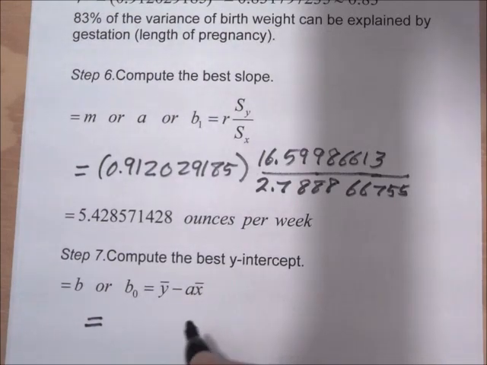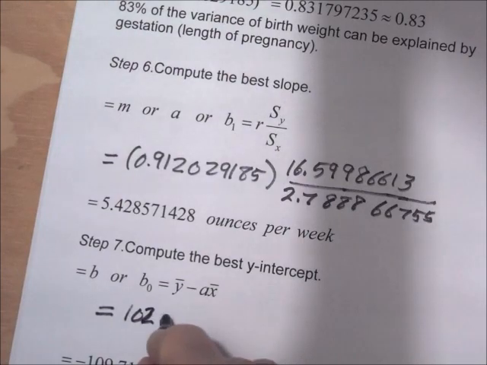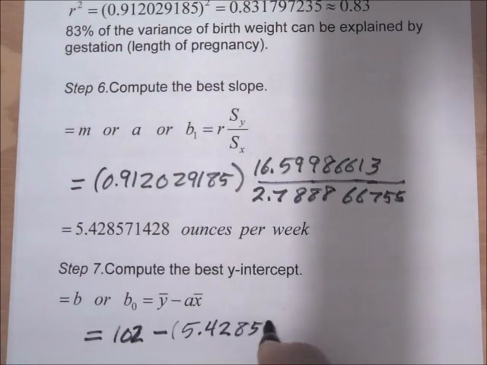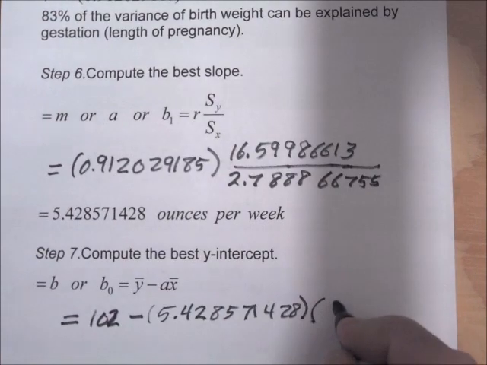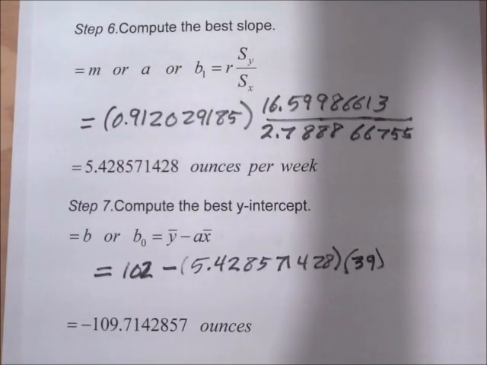So the mean for y was 102 ounces, minus the best slope, which is 5.42857148, times the mean for x, which was 39, and this comes out to be negative 109.714 ounces.